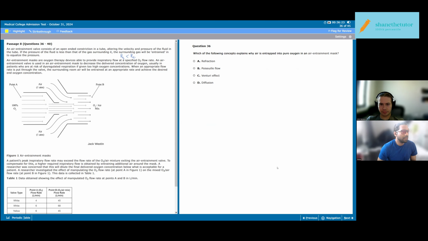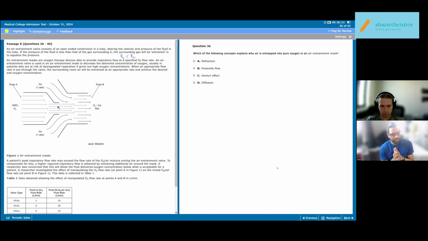Compare point A here, since I already have point B, let's say compared to point C. What does that tell me about that? There's higher pressure.